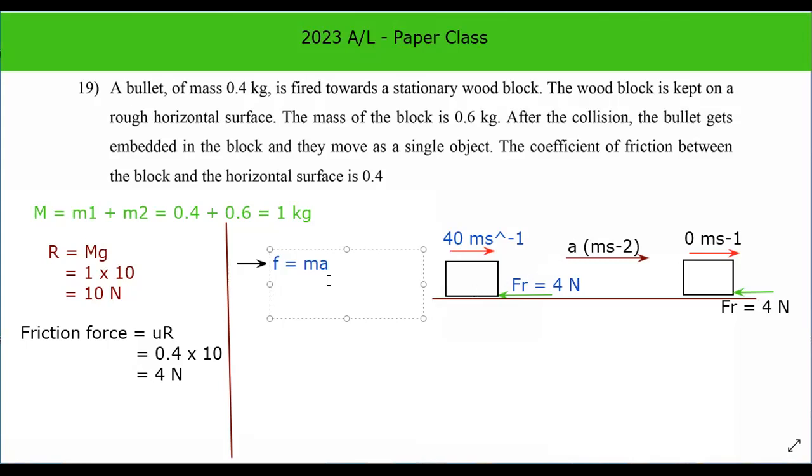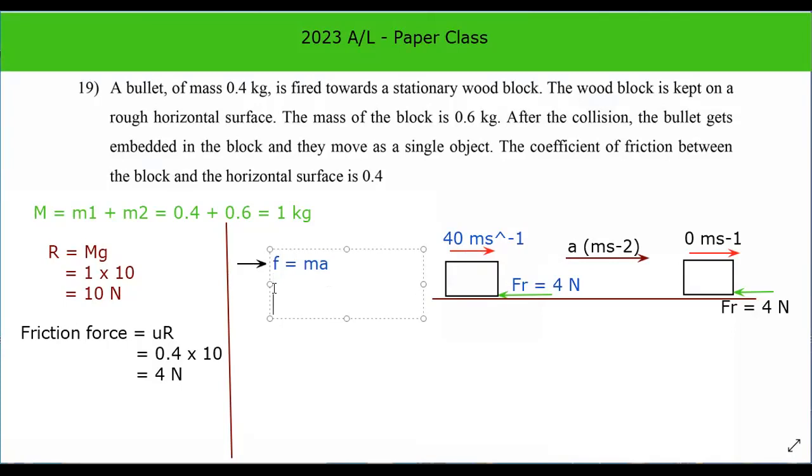Fr is the only force acting along the horizontal direction. I apply F equals ma to the right hand side because the object is moving to the right hand side. But Fr, the friction force, is to the left hand side. So the direction of the equation and the direction of the friction force are opposite.